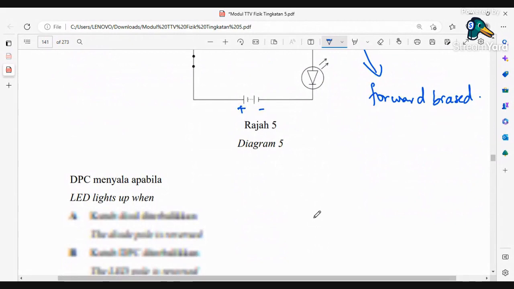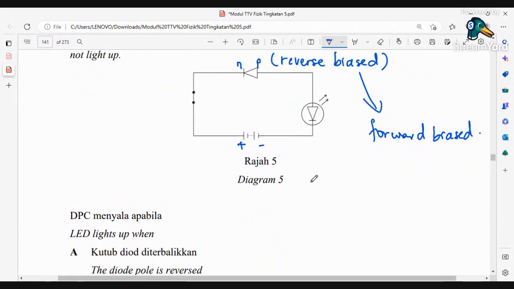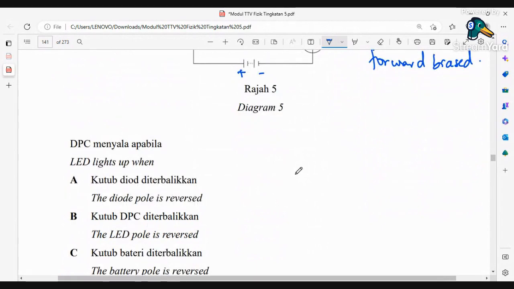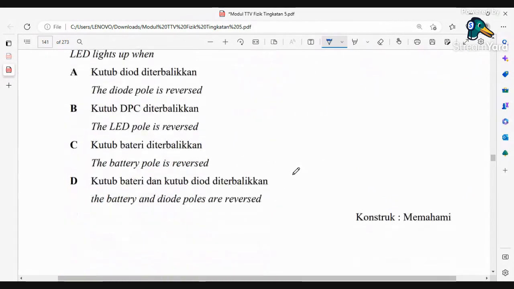So there are two methods to modify the circuit so that the LED lights up. The diode poles are reversed, can. Or the battery poles are reversed, either one.